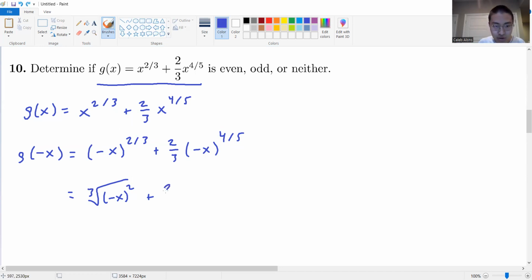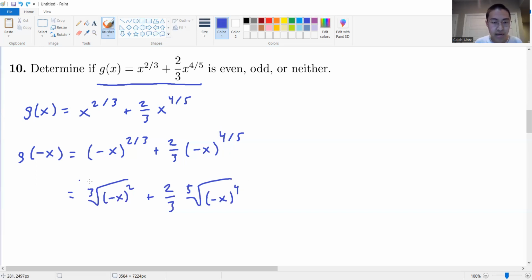And then we've got 2/3 times the 5th root of minus x to the 4th power. Again, the 5th root is because 5 is the denominator in the fractional exponent, and the 4 is exponentiated here because it is the numerator of this fractional exponent.